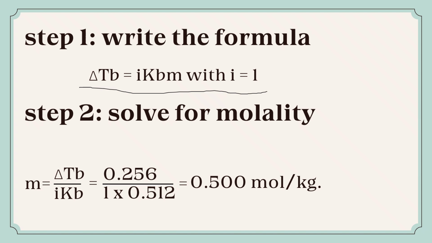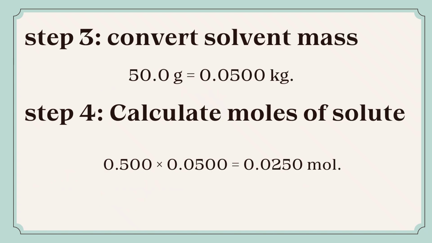So this is the boiling point rise, this is the measurement of that, this is the K sub B, which is for water, and this is the Van't Hoff factor. Step 3 is convert solvent mass. Just like in the first colligative property, we're going to convert the solvent mass. 50.0 grams equals 0.0500 kilogram.